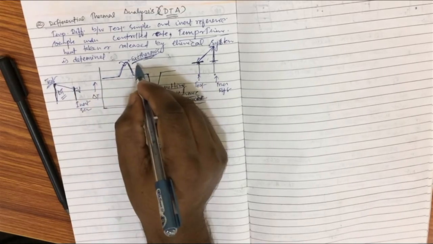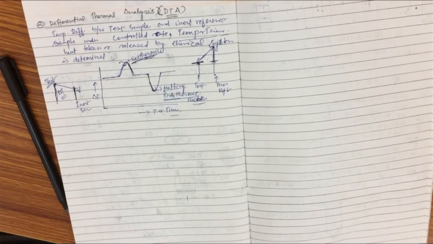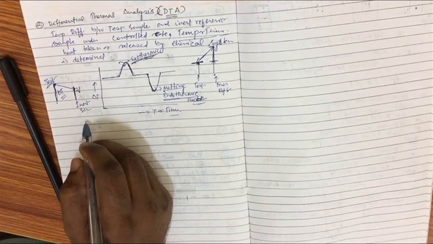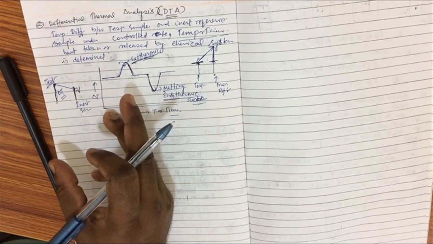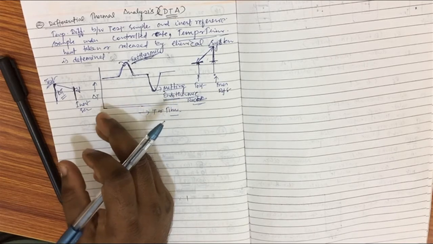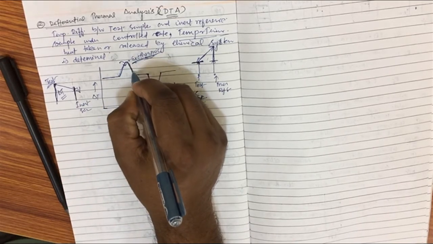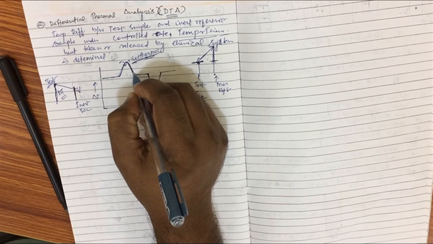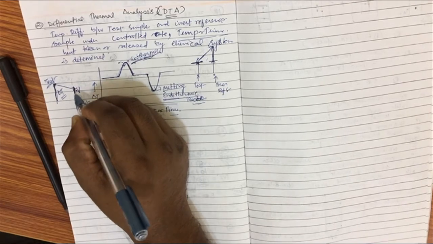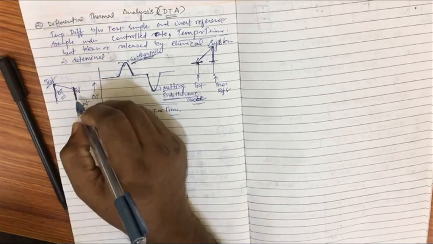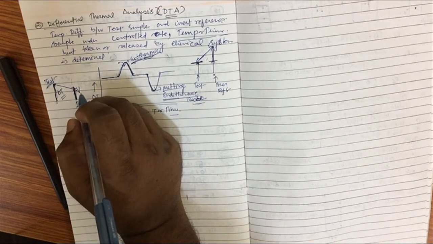So this is the exothermic process. Okay, so these are the things. This exothermic process is basically when the test sample increases in temperature through crystallization, when it forms a crystal, and the reference is at lower temperature.